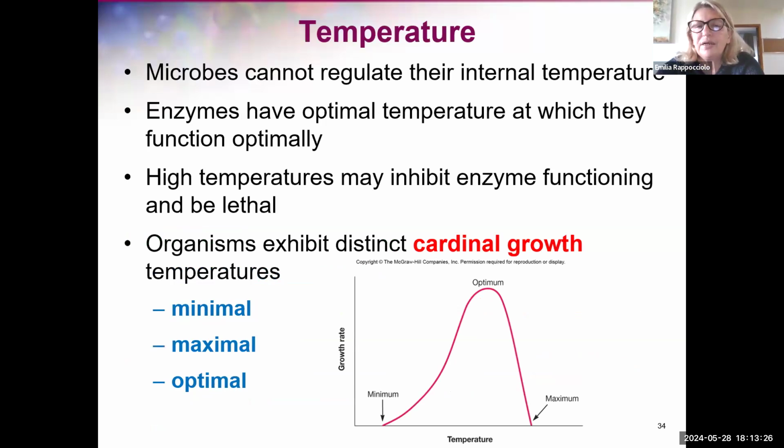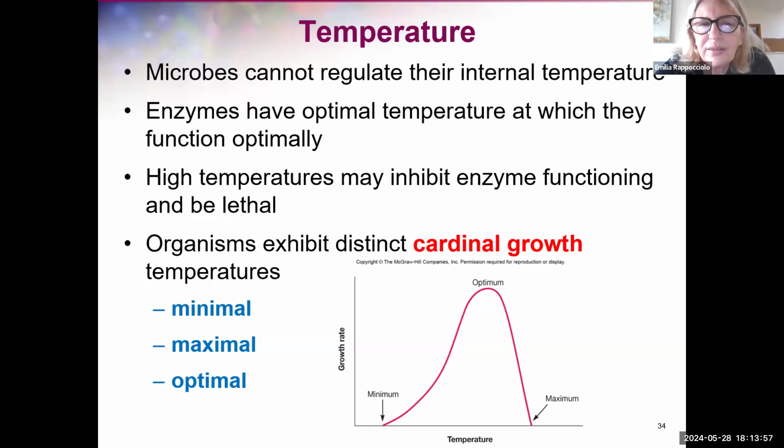Temperature is another factor. Microorganisms are unicellular. They don't have any way to help them regulate their internal temperature. And we know that proteins are easily affected by changes in temperature. They can become denatured, they change their shape, and enzymes stop working.